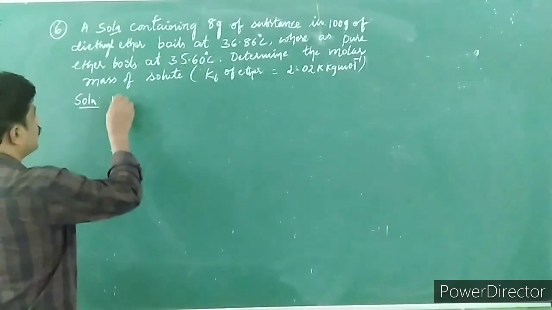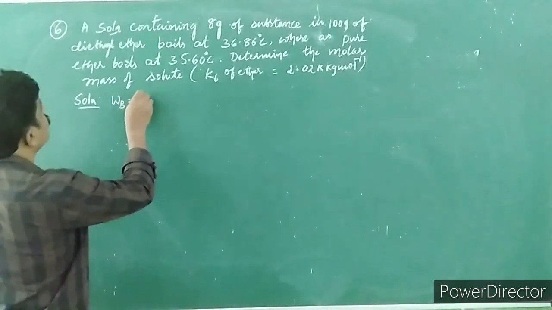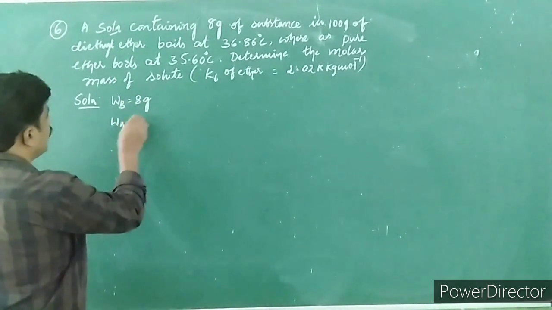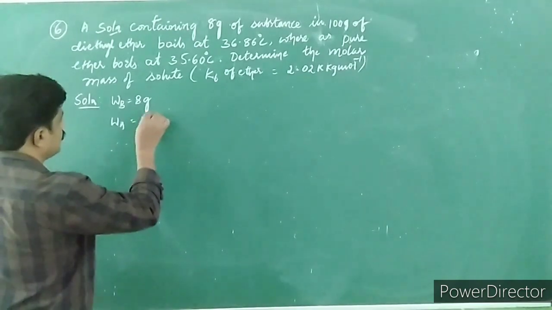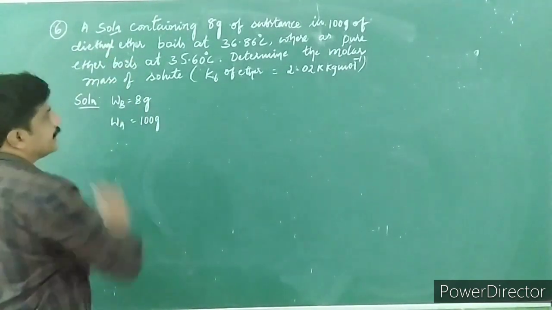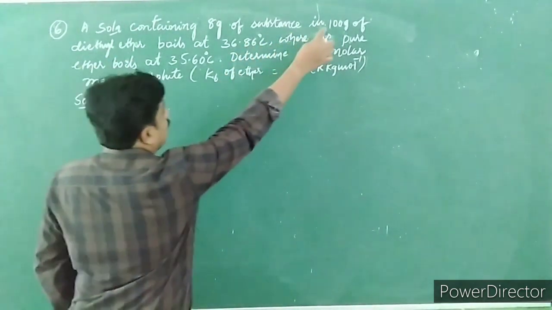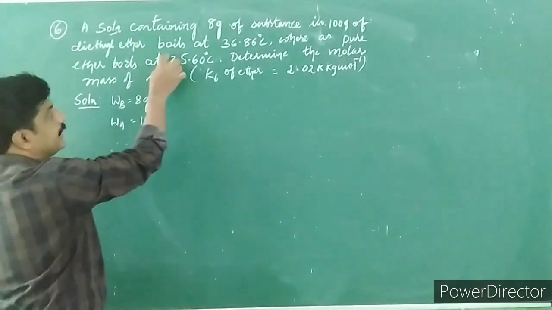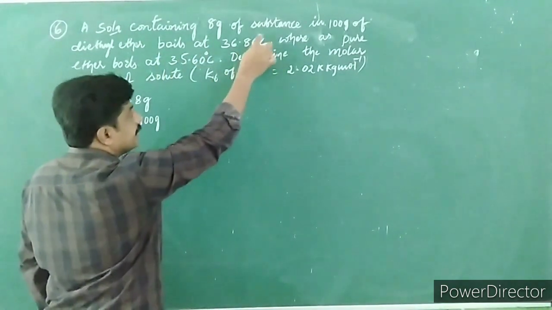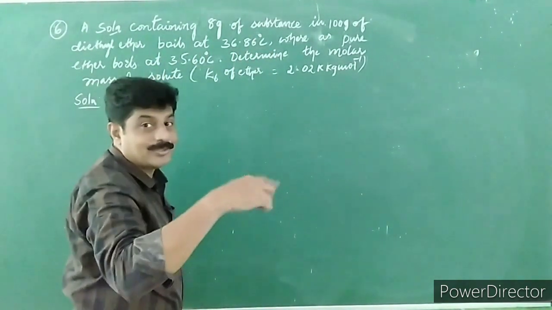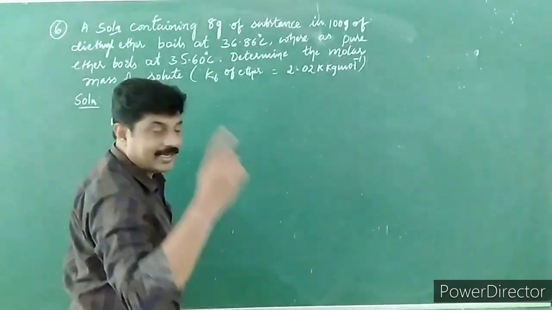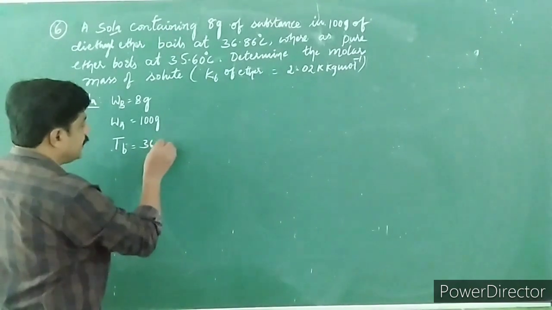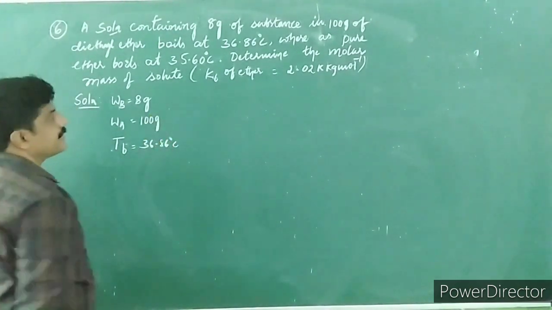So WB is given, that is equal to 8 grams. WA is given, how much? 100 grams diethyl ether. See, when 8 grams of substance is dissolved in 100 grams of diethyl ether, it boils at 36.86 degree Celsius. That means the solution's boiling point, that is TB, is equal to 36.86 degrees Celsius.